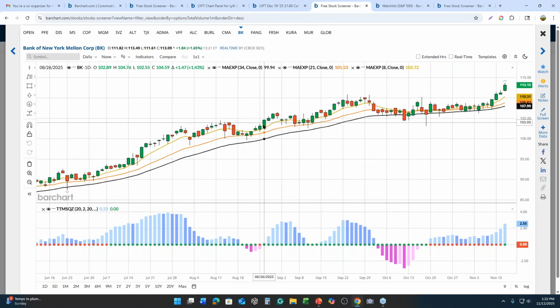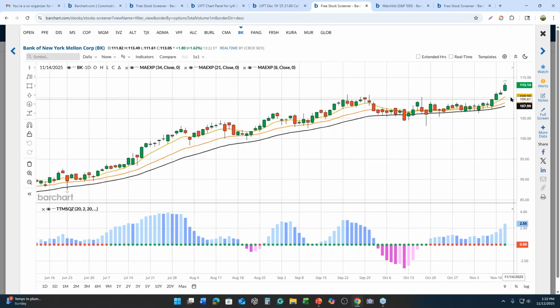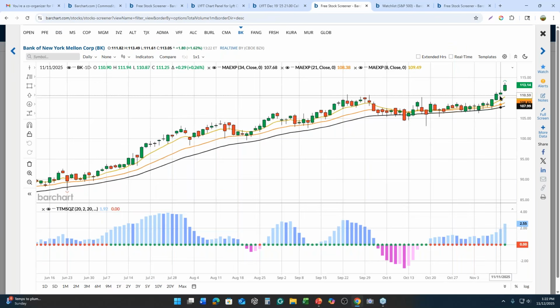As we can see here, we had multiple days of the squeeze, really tightening the market. You can see it here. And now we're getting that firing, and we're seeing a very explosive type of movement.